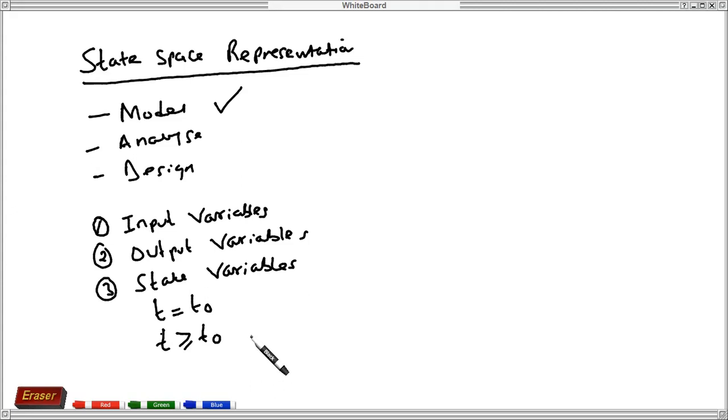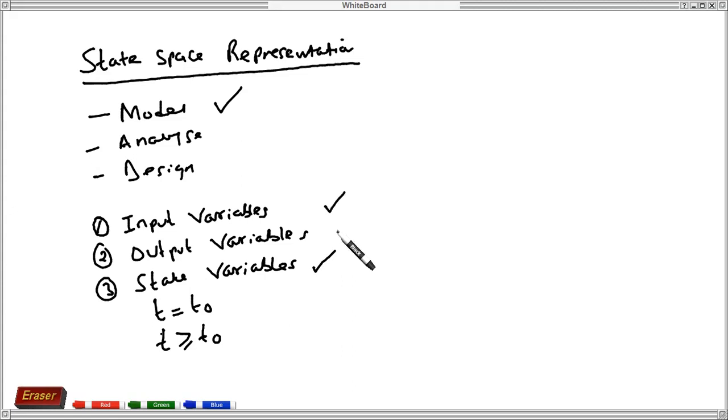Such variables we define as the state variables for any given system.